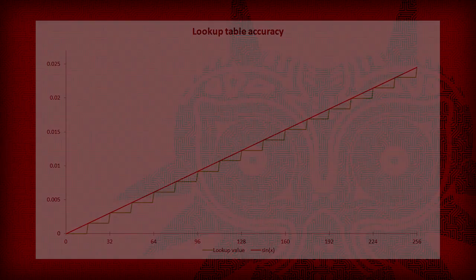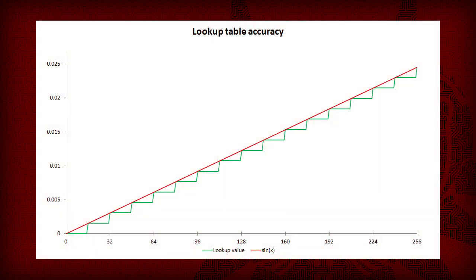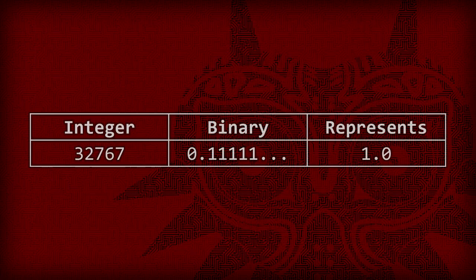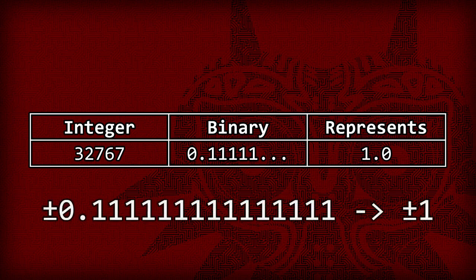Specifically, for each quadrant, we will have 16 input angles mapping to each output, with a total of 1024 possible outputs. These values are stored in 16-bit fixed point numbers, which are actually normalized to a value of plus or minus 1 when their integer equivalent is plus or minus 32,767.